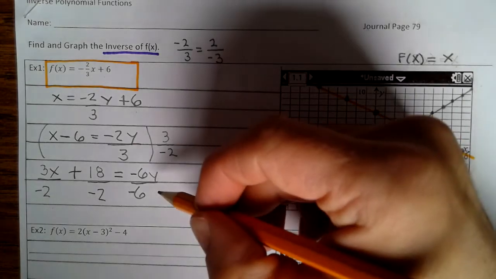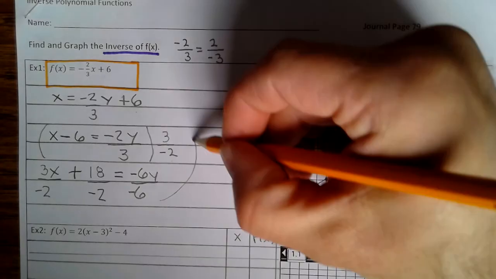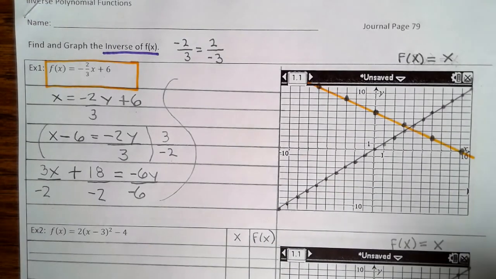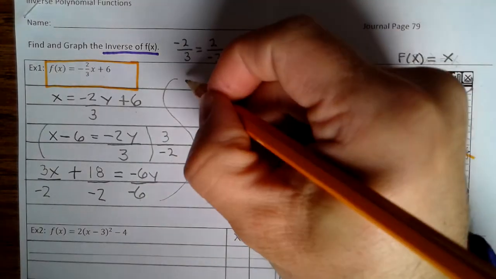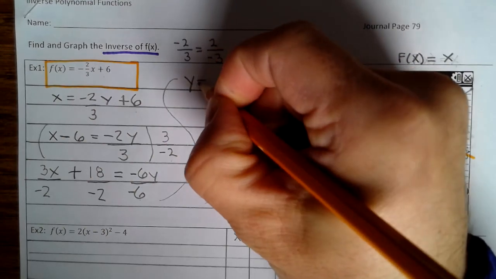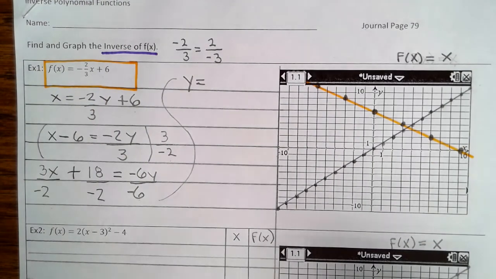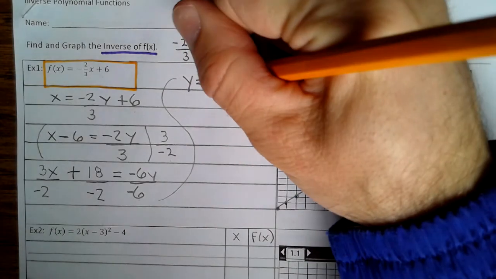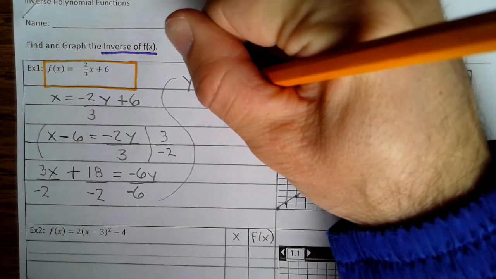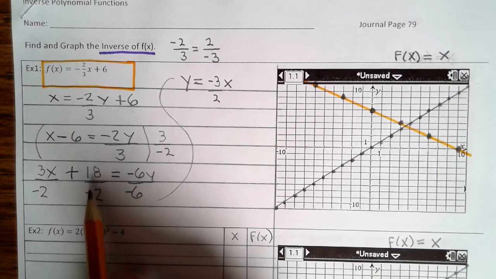All right. Now this divides and becomes 1, so you're left with y equals, now we can write that as negative 3 divided by 2x, and then 18 divided by negative 2 is minus 9.